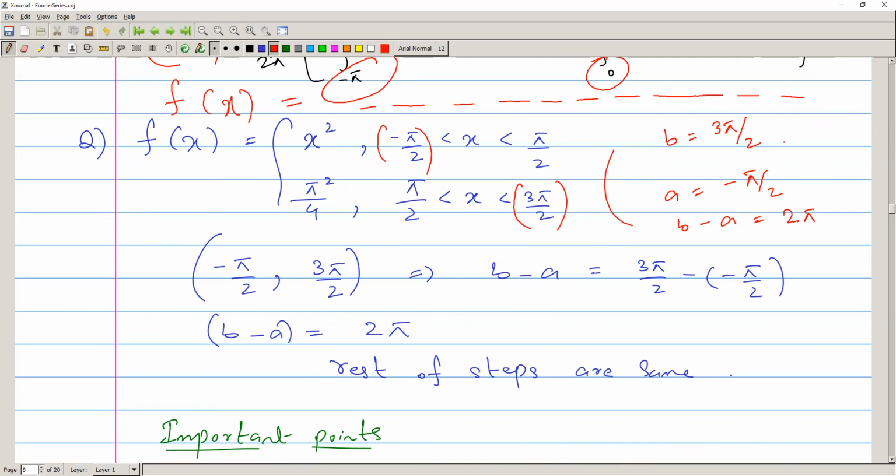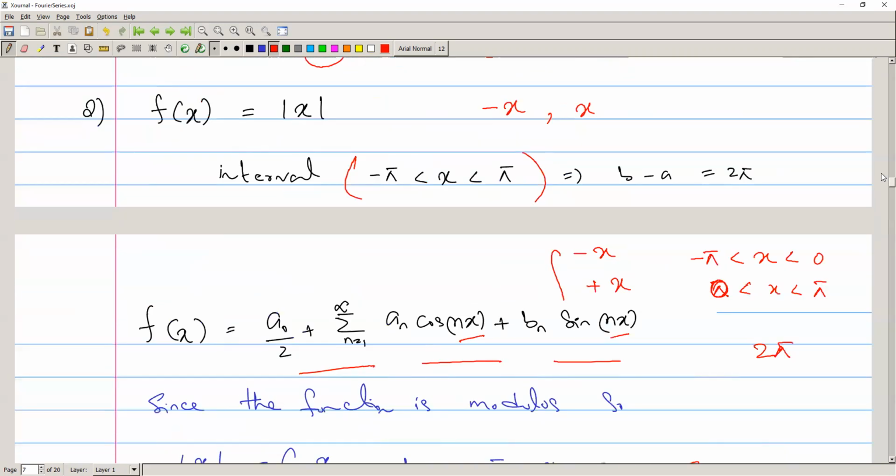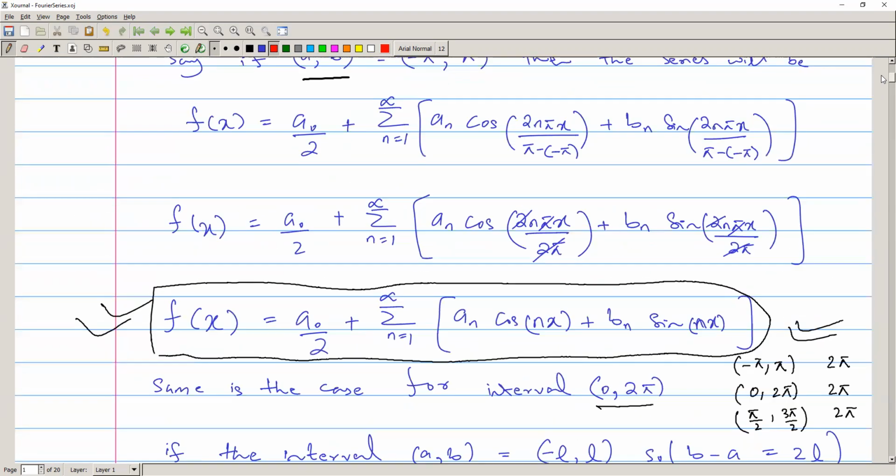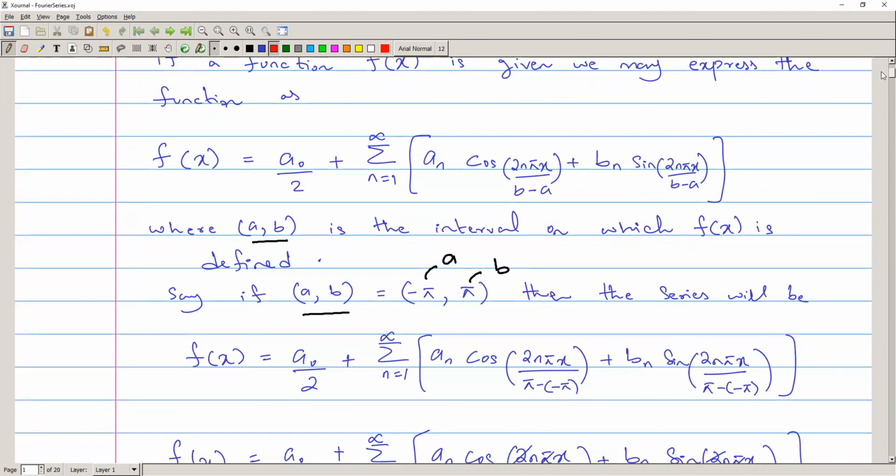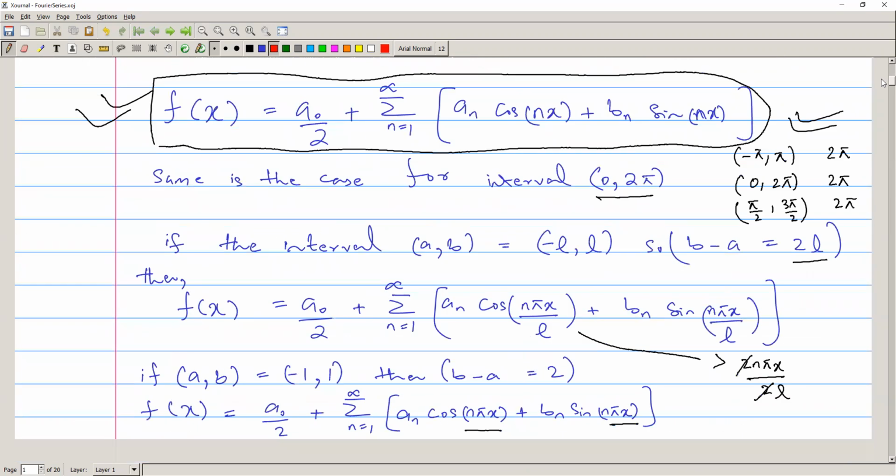And let me do a correction. In the beginning, I just made a mistake. Here I wrote that it will be from negative pi to 3 pi over 2, right? It will be negative 3 pi over 2. So the period will become 2 pi.